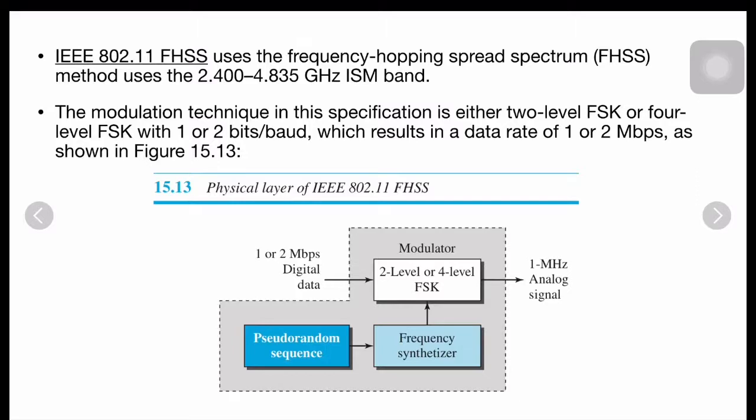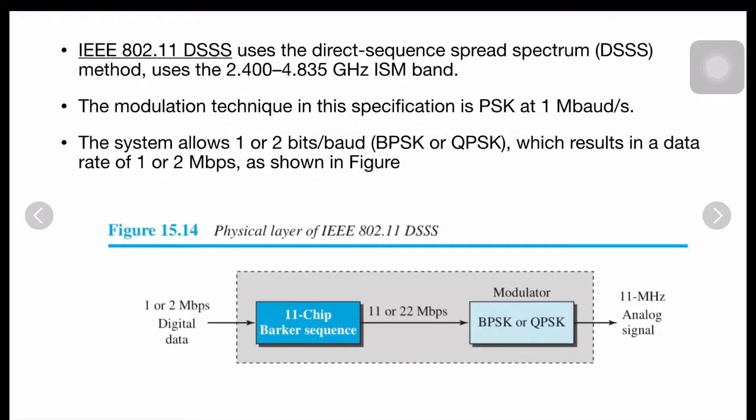Modulator, 2 level or 4 level frequency shift keying modulator is used. So output of that will be 1 megahertz analog signal. And you can observe here it uses pseudo-random sequence and frequency synthesizer that will be input for the FSK modulator mechanism.